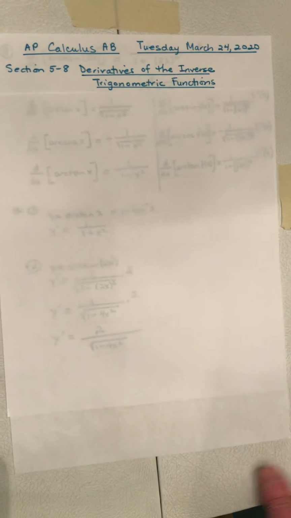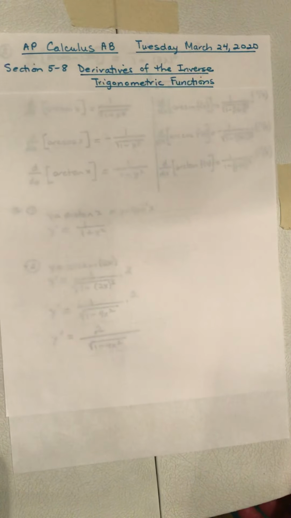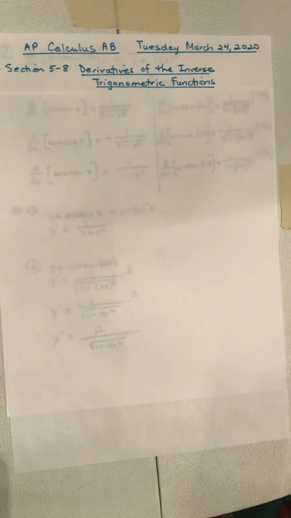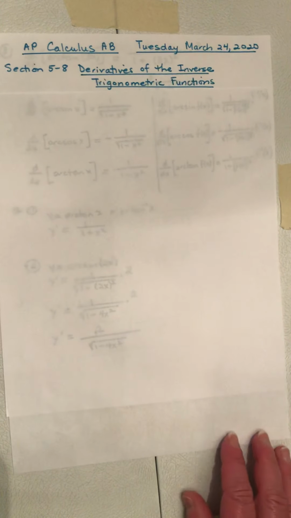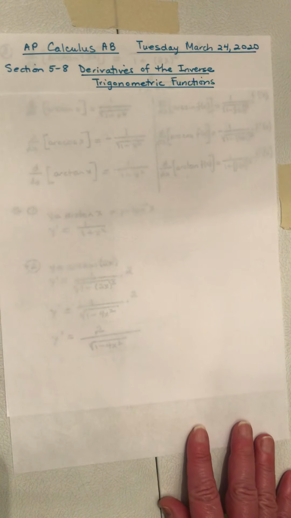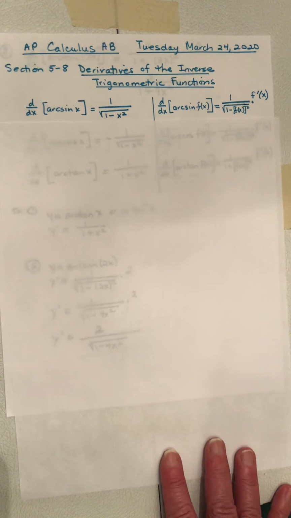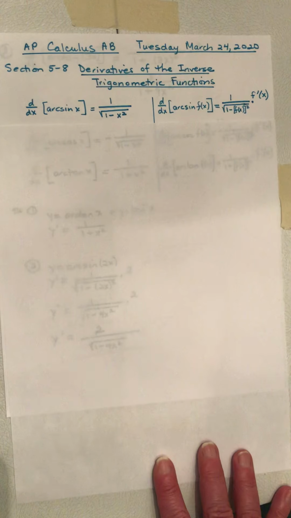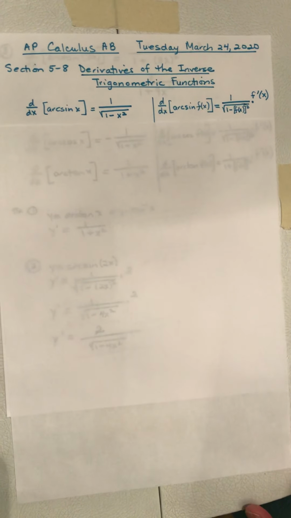This is section 5.8. These are also derivatives of the inverse, but these are inverses of the trig functions. So let's take a look at these and see what we've got. Remember from pre-calc and second year algebra, we have arc sine.